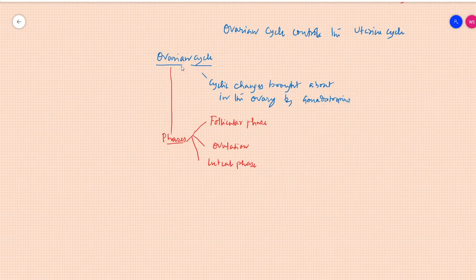And what are the three phases? It is the follicular phase, the ovulation, and the luteal phase. Okay? So let's write here, it is controlled by the gonadotropins. Gonadotropins control the ovarian cycle.